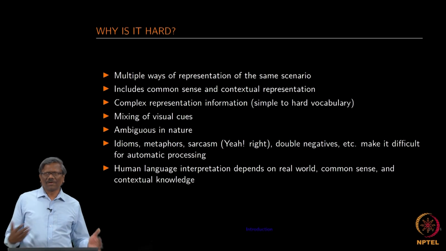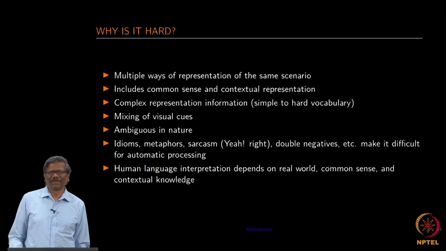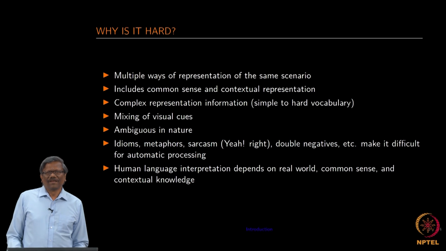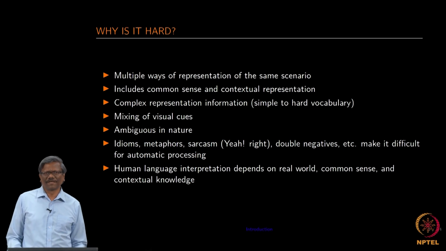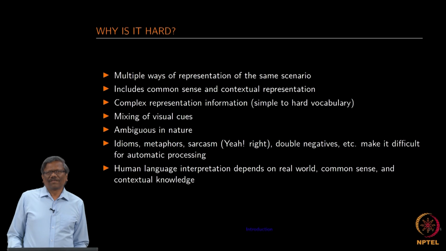When you talk about any topic or any subject, there are multiple ways of representing the same thing in one sentence, right? So we are so innovative in a way that we create new sentences every time. We include a lot of common sense and contextual representation as we speak.